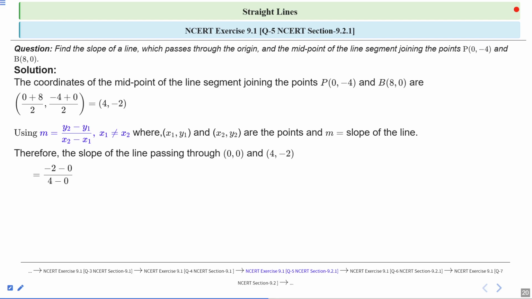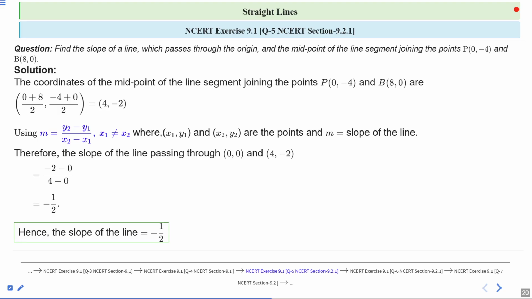We used the above formula, and we obtain the slope of the line, which is equal to minus 1 by 2.